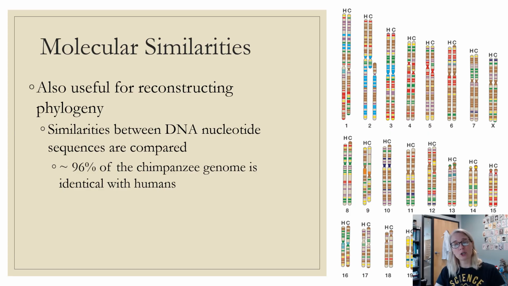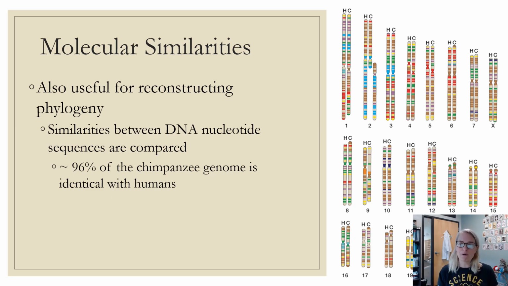So if you take a look at the picture on the right, this is a representation of human chromosomes. This is our DNA, all the instructions that make us us. So the H's stand for the human chromosome, and the C stands for the chimpanzee chromosome. If we look at all of the DNA between humans and chimpanzees, we share about 96% of our genes, our instructions to make us who we are, pretty much the same as a chimpanzee.